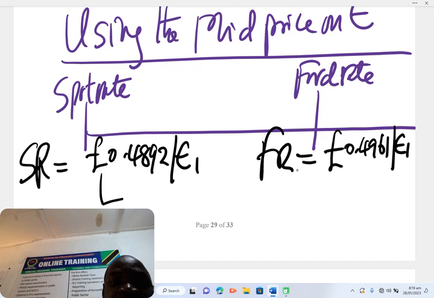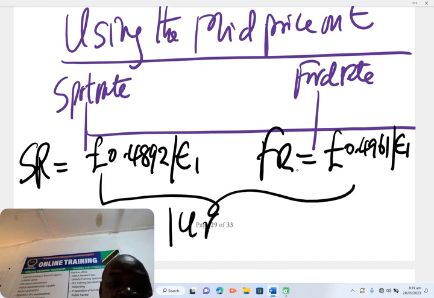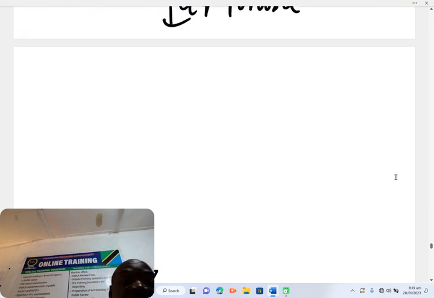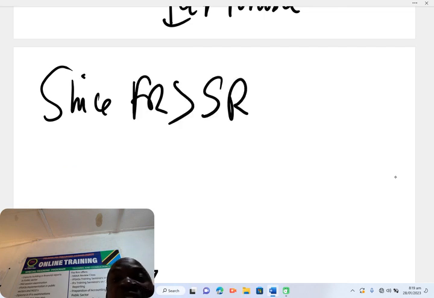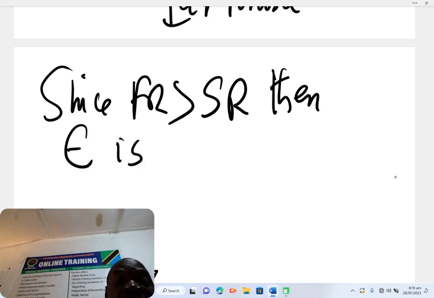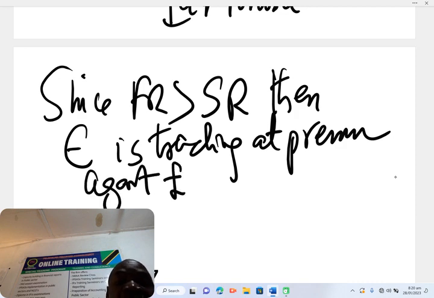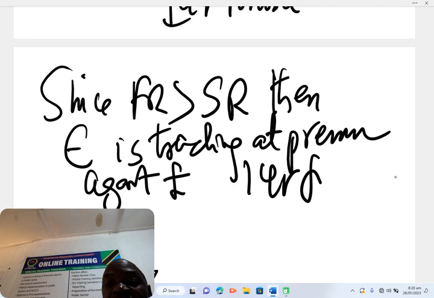So as you see here, this is 1 year forward. So I'm saying, since the forward rate is greater than the spot rate, then euro is trading at a premium against pound 1 year forward.